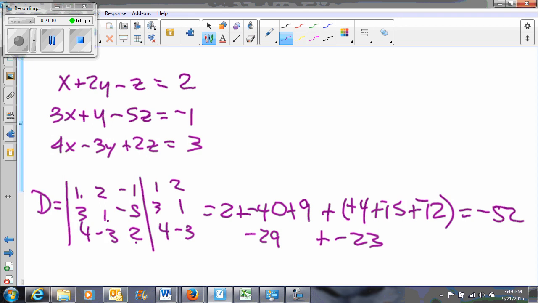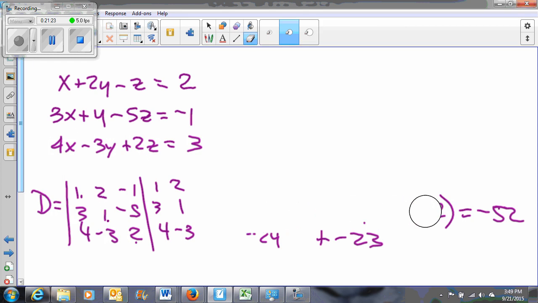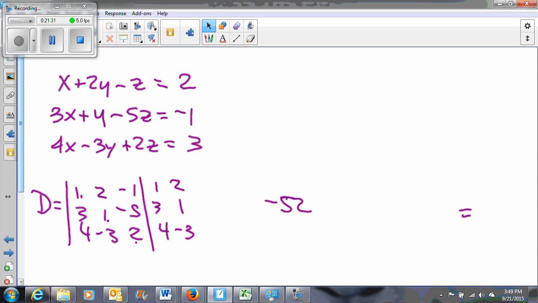So I'm going to erase, not the matrix, but all this math. I'm just going to move the 52 over here so that we'll have more room. So the value of big D is negative 52.